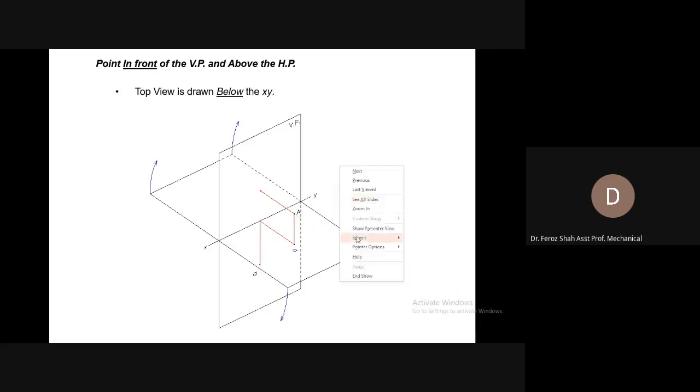So for the top view, if we look at the point from above, like this, its image or projection will be drawn on the horizontal plane at this position, and you will denote it with a small case letter without a prime on it. So it shows the top view.